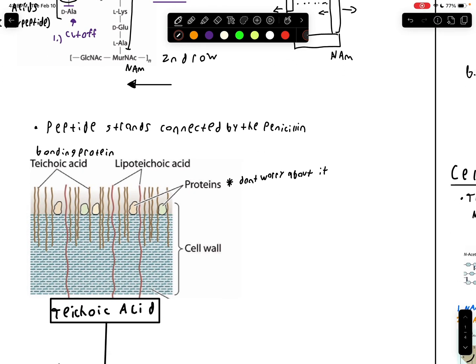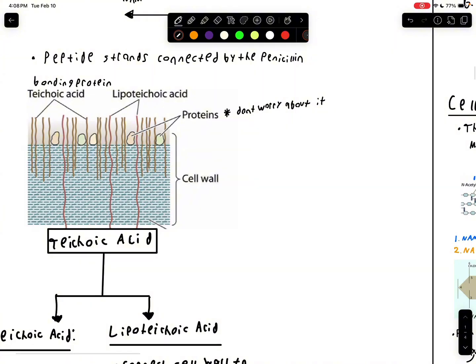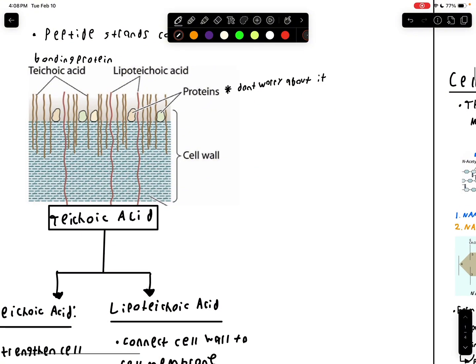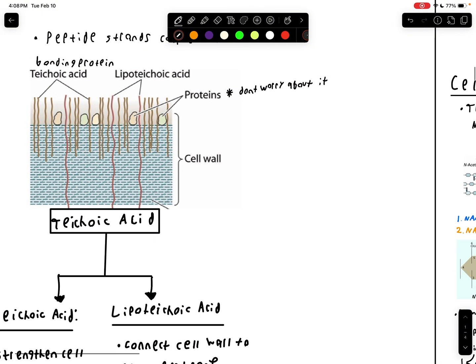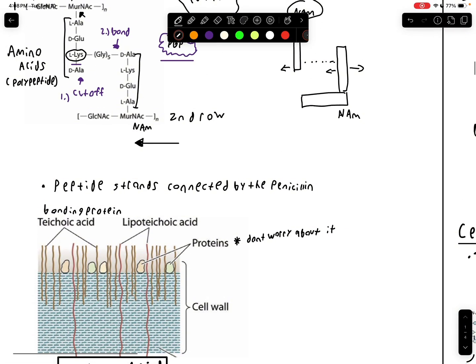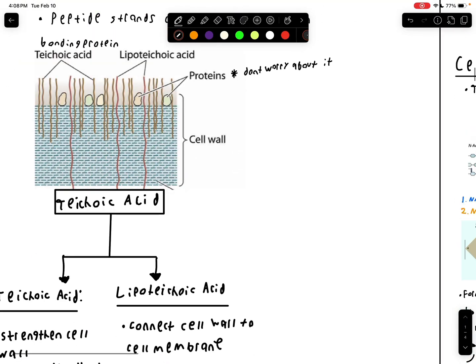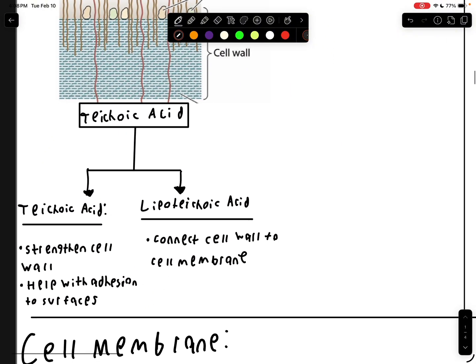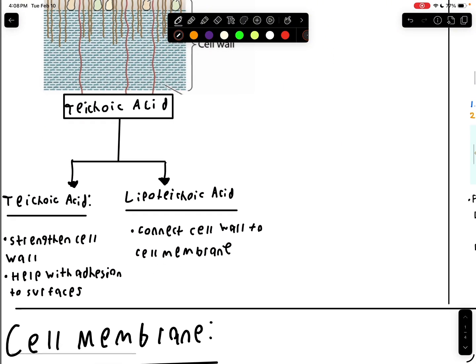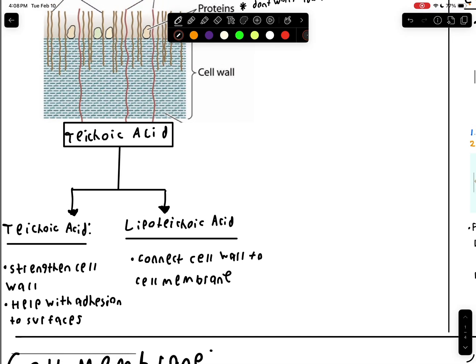And so how they do that is they also have what we call teichoic acids. What these do is they strengthen the cell wall even more, so that if anything happens, these are still in place, sort of like a safety measure. The teichoic acid, just teichoic acid, will strengthen the cell wall and help with adhesion to surfaces.